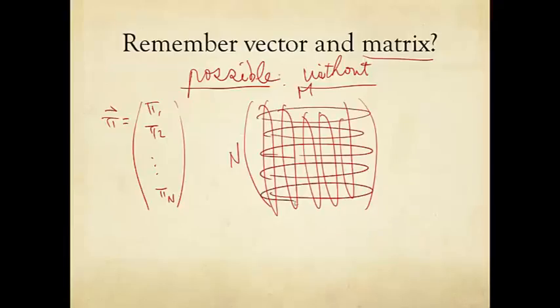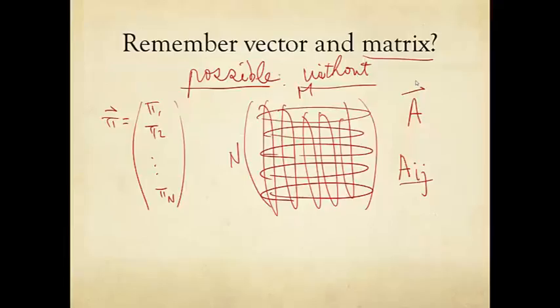Either way. Let's say we have a matrix A, then we can denote this matrix A's ijth entry as A sub ij. In all of the material that we will be talking about, this is just a real number. Could be positive, could be negative. In today's lecture, it is never negative. And sometimes we use a little arrow on top of a big letter to represent that it is a matrix.